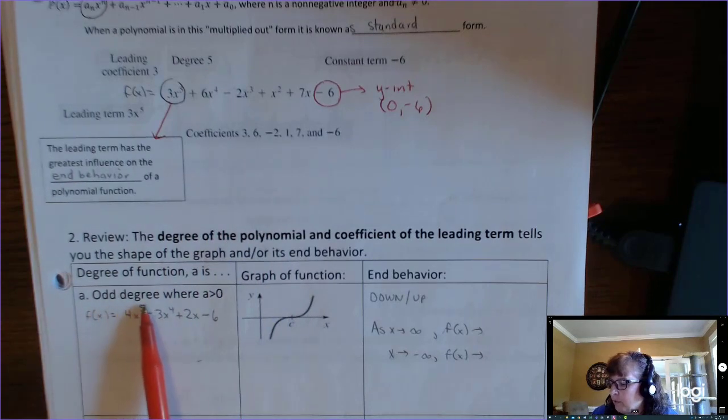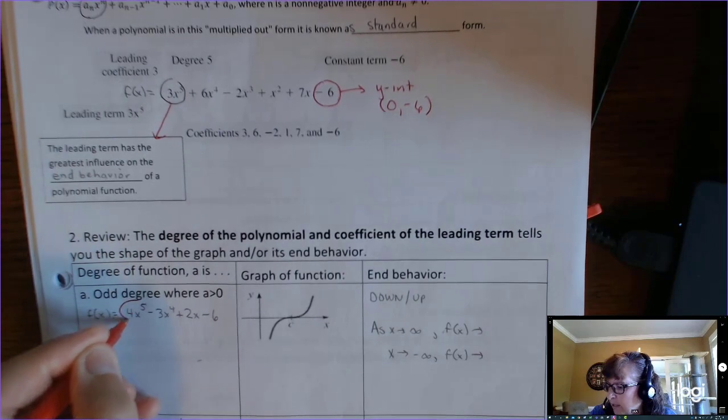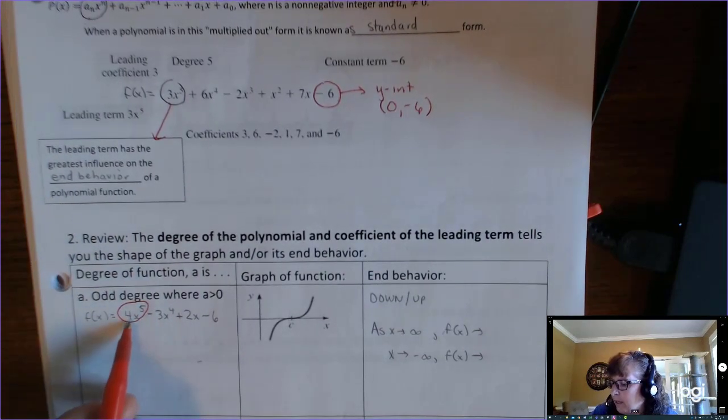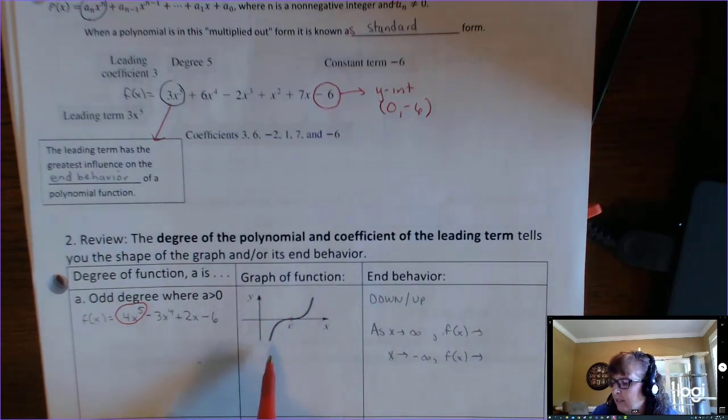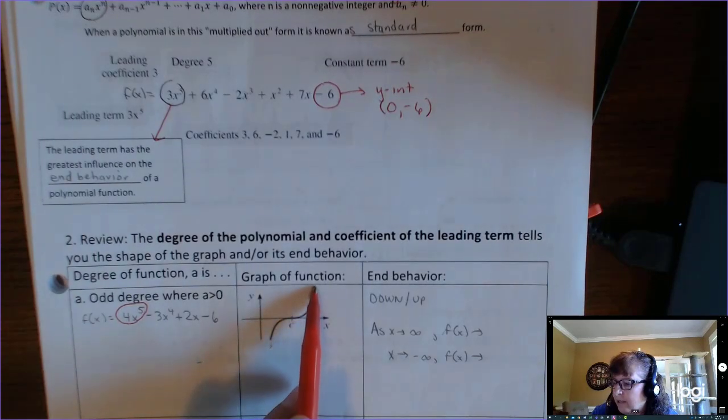So the odd degree, if you have a polynomial that has a leading term that has an odd degree but a value that's positive, that's going to cause an increasing function, and it's going to have down-up behavior. Okay, so it will start down and then end up.